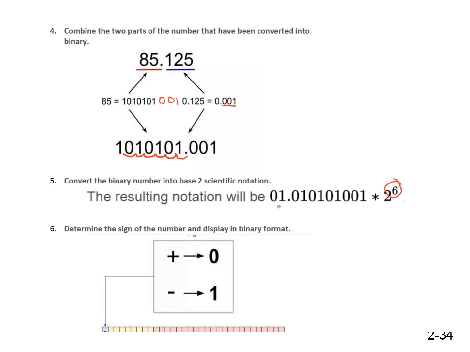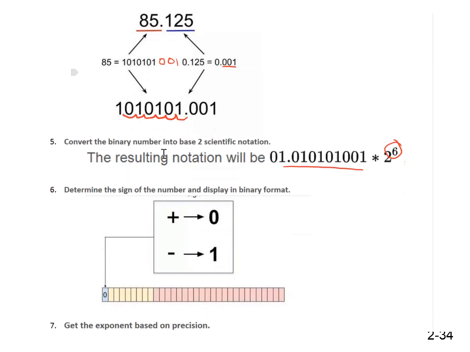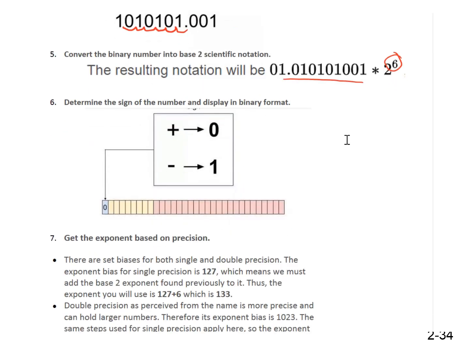So it becomes this times 2 to the 6th. And if you move it to the left, it's positive. If you move to the right, it's negative.